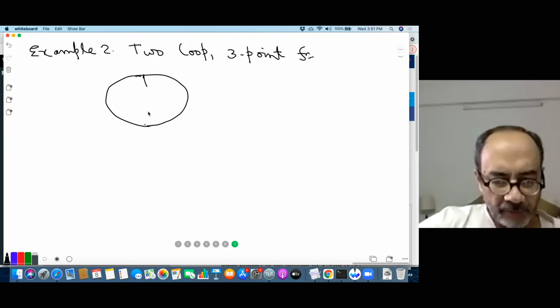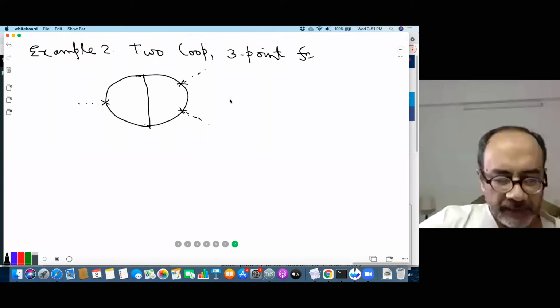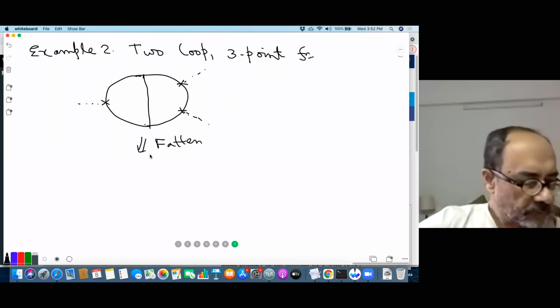This is a possible Feynman diagram, right? Okay. Again, the convention is that this is where the external legs are attaching. Okay, which I'm not going to draw. Okay. And now we fatten it.